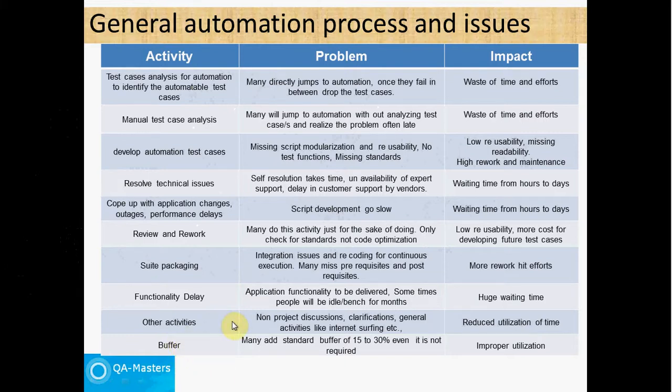There will be some other activities which cannot be avoided, like non-project discussions, internet surfing, etc. This will reduce the productive time. Standard buffer. All the projects include a standard buffer of 15 to 30% as a reserve for circumstances. Even when there are no challenges, people definitely use this effort.